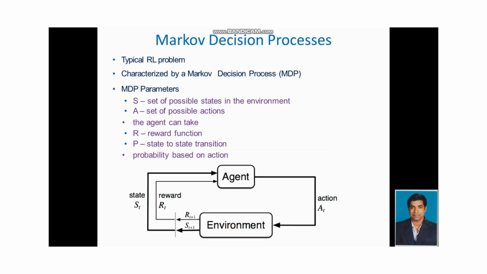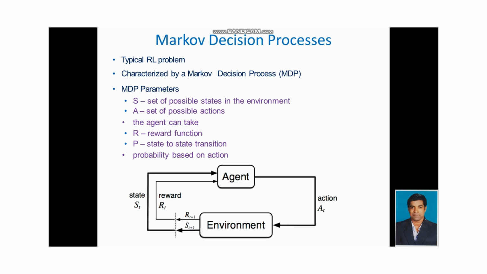In general, the agent will take an action At on the environment, then the environment transitions from St to a new state St plus 1 and produces a reward Rt plus 1. These two are fed back to the agent.